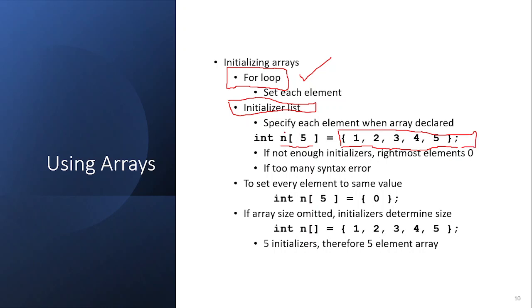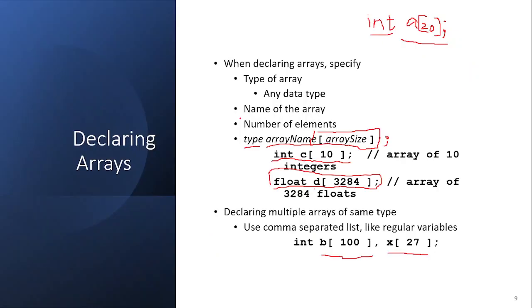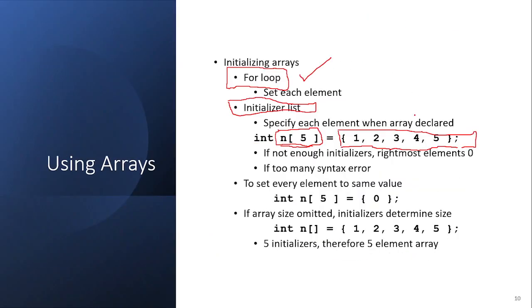You remember we use the square brackets to specify the size of the array at the time of declaration. Once the array is declared, we use the square brackets to access individual elements. And if we want to initialize the elements of the array with values of our choice using an initializer list, we use the curly braces to do that.